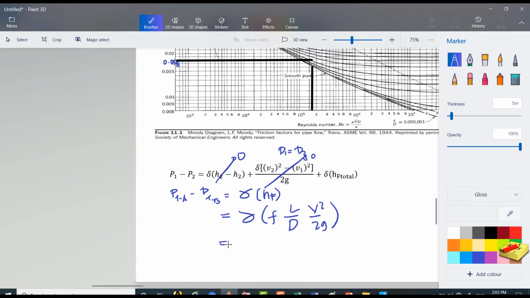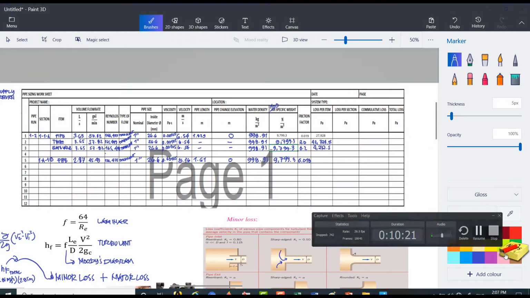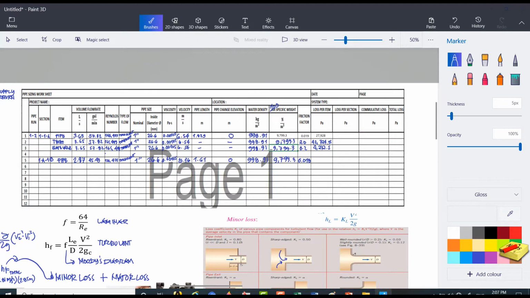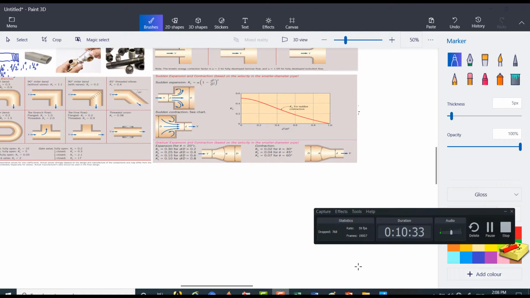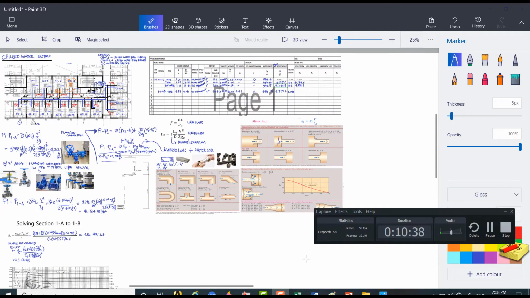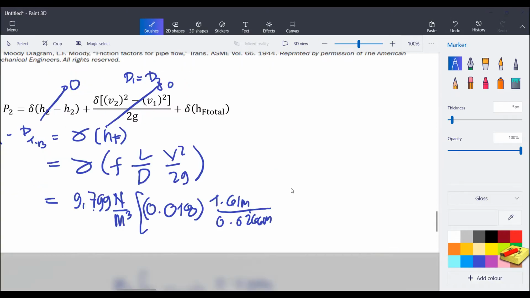We can specify this one where your specific weight, and we have now your diameter.